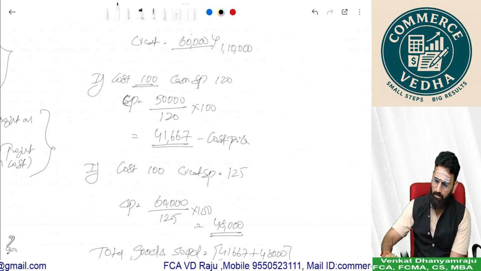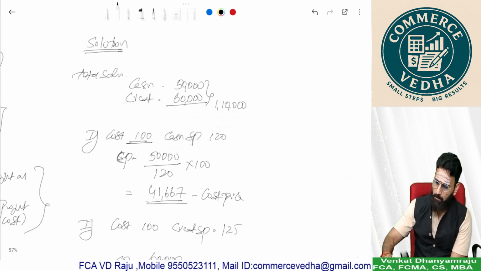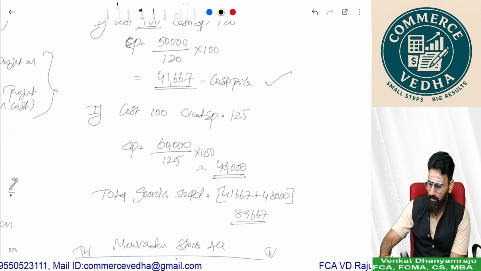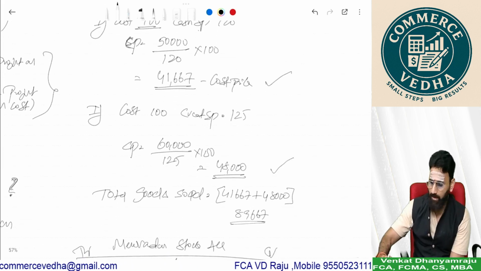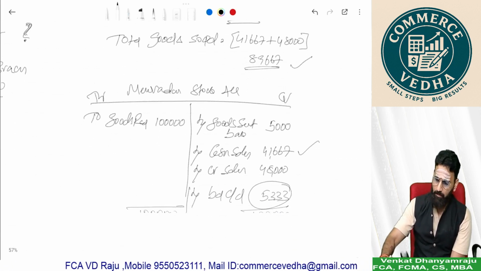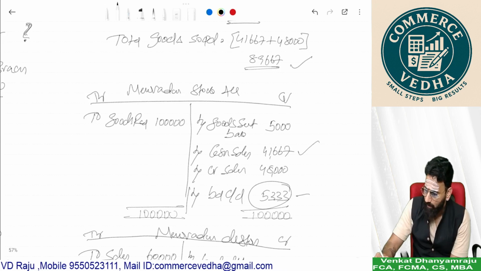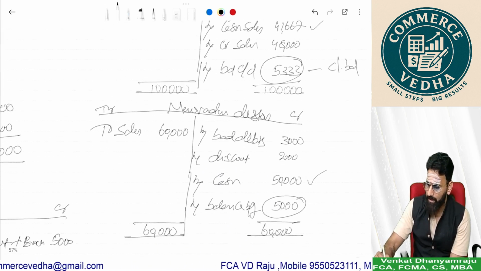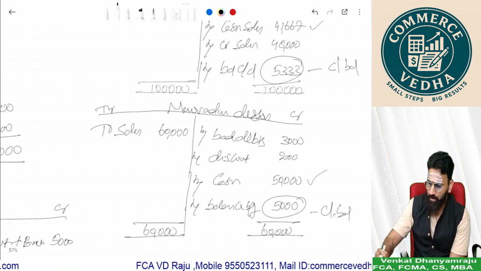We started with identifying the cost price of cash sale, cost price of credit sale, total cost price of goods sold. Then prepared memorandum stock, we identified closing balance. Then prepared memorandum debtors, we identified closing balance.